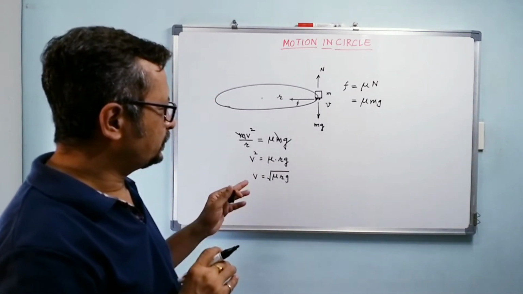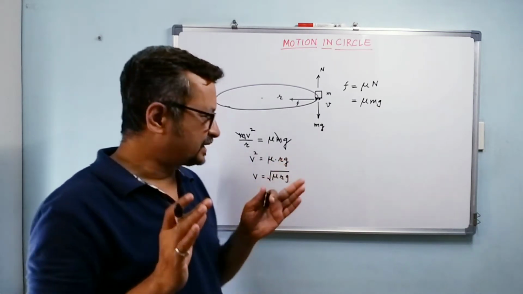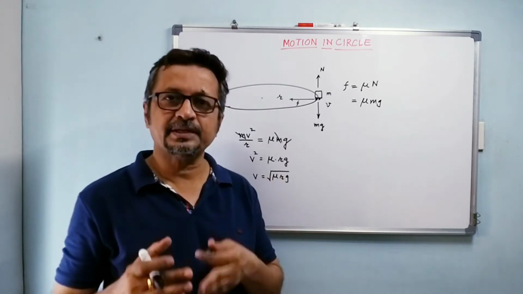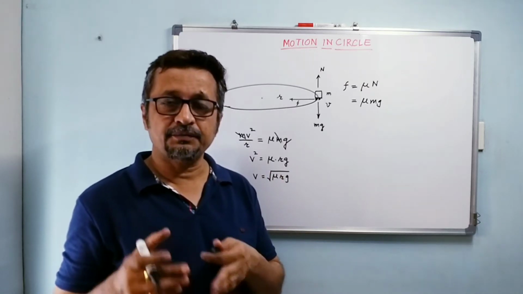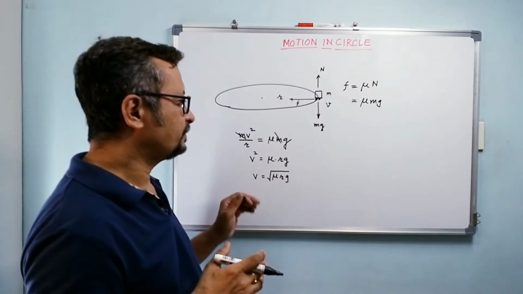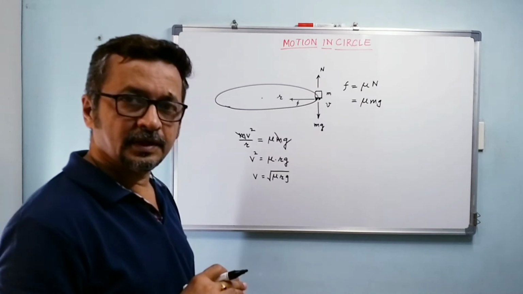So what does it mean? It means that the maximum velocity with which the car can safely take this turn without slipping is square root of mu rg, right?